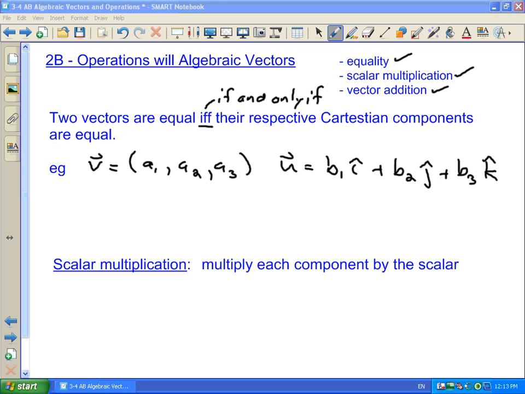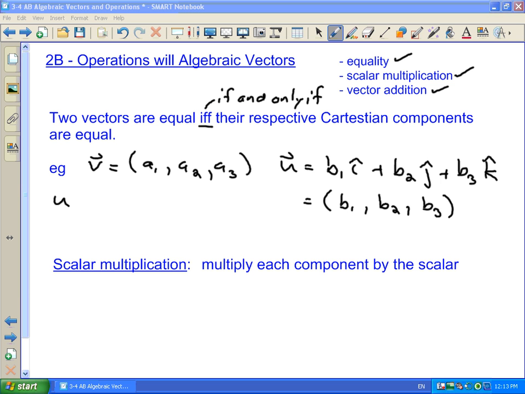Probably the most useful thing to do is change u here into our ordered pair notation, so that would just be b1, b2, b3. How do we know if u and v are equivalent vectors?